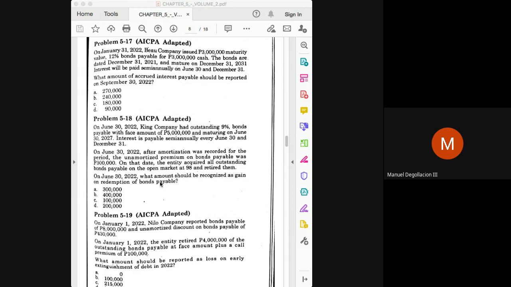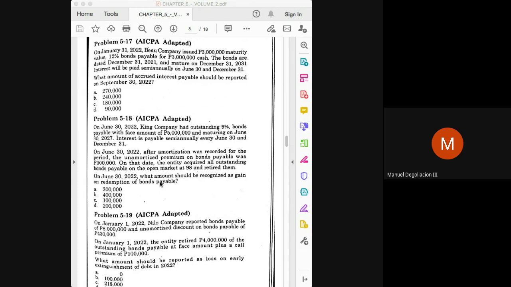So you multiply 98% with 5 million, and that will give us: 1% is 50,000, 2% is 100,000. So you will deduct 100,000 from 5 million, you would get 4,900,000.